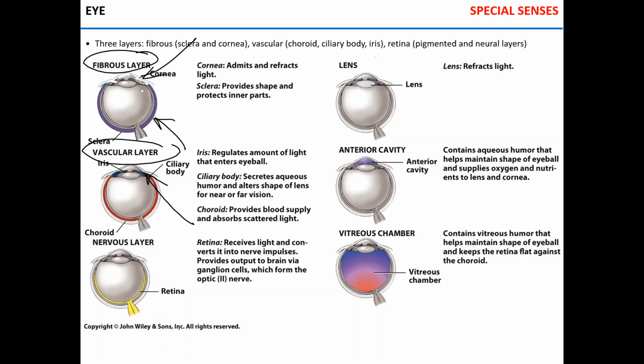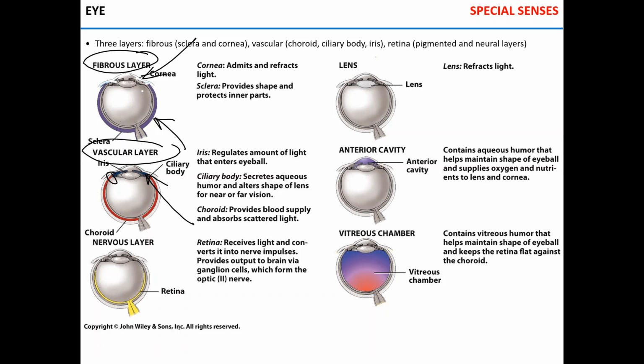Ciliary body, which you can see right here, produces so-called aqueous humor that fills up the anterior cavity of an eye, and it also controls the shape of the lens, allowing us to change our focus from looking at something close to looking at something that is far.